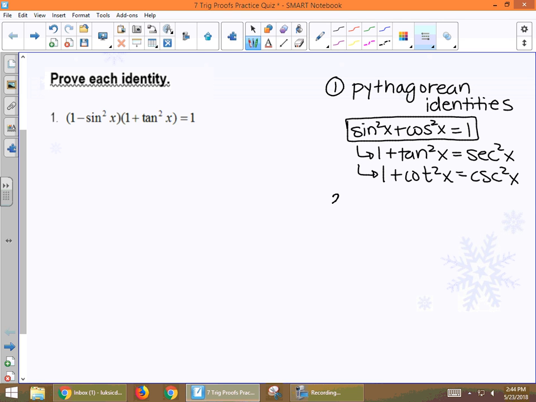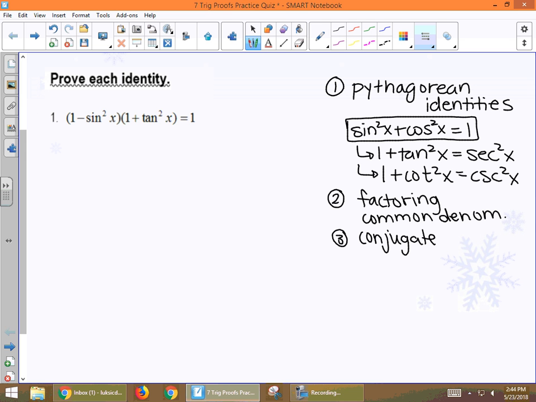If the Pythagorean identities don't apply, then I look for factoring, common denominators, and really last case scenario is using the conjugate. Other situations will come up, before even Pythagorean identities.